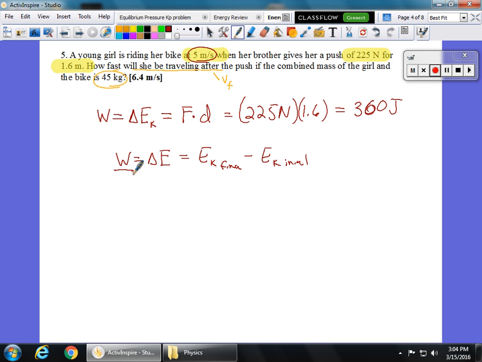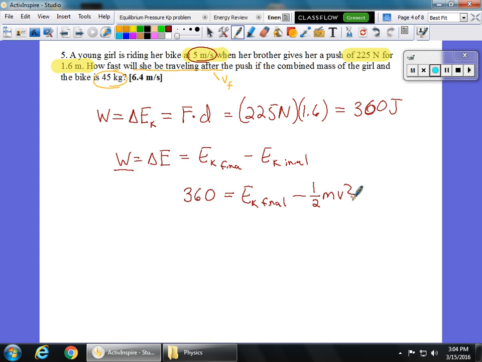So the work in this situation we already know is 360 joules. That's equal to her kinetic energy final, which we don't know what that is, minus her kinetic energy initial. Well, her kinetic energy initial we can calculate using 1/2 mv squared.